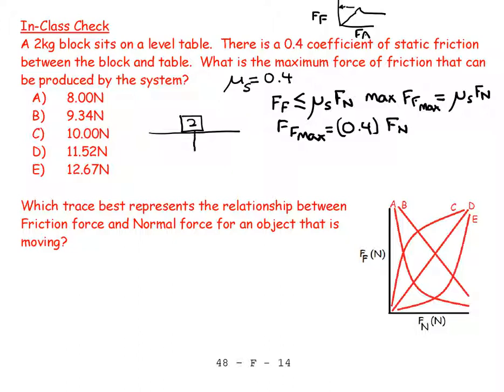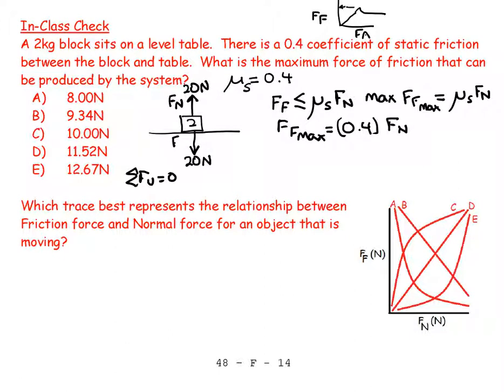What we recognize is that the weight of this object is 20 newtons because it's a 2 kilogram object. It's on the surface of the Earth. And because it's not accelerating upwards or downwards, the sum of the forces vertically must equal 0. So that means there must be a 20 Newton force upwards, and of course this would be Fn, the normal force.